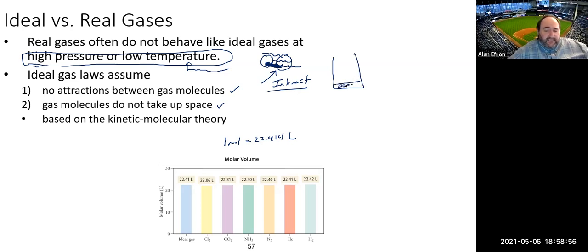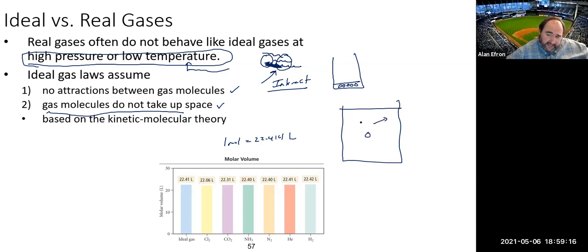In addition to that low volume, the volume of the gas molecule itself does come into play here as well. If you think about it, in a larger volume, the relative size or volume of that gas molecule to the container is pretty negligible, right?